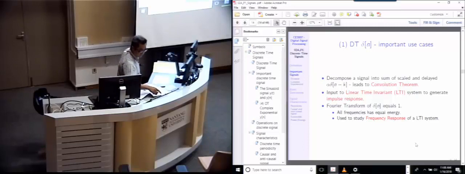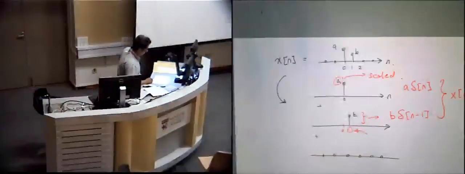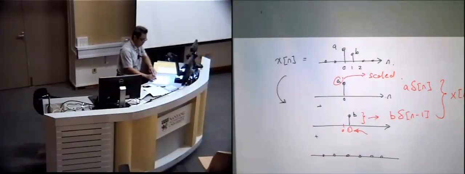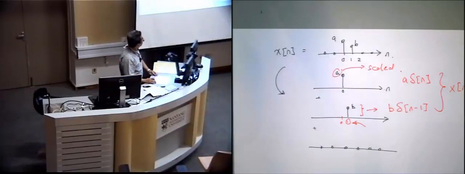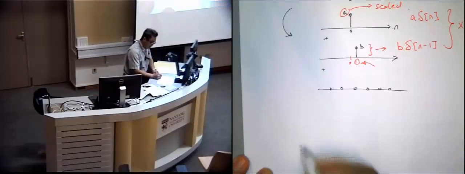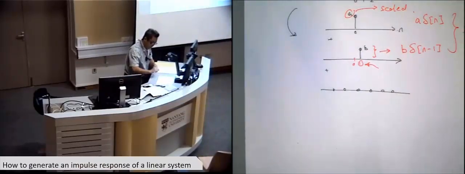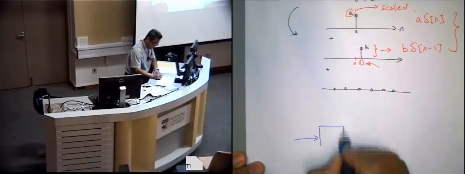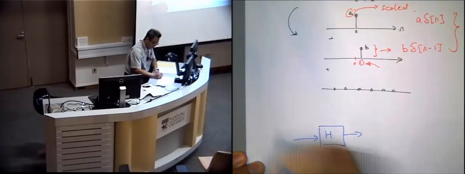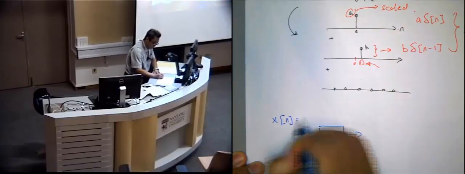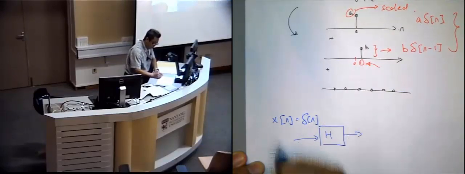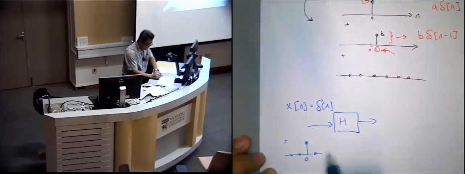What other things are we interested in? Why are we interested in deltas? We're interested in deltas because of this. You got this figure. Let's try having a delta. We like delta because we can do this. This is the system H, and this is our input equal to delta of n, which is nothing but 1 at time zero and nothing else in time.